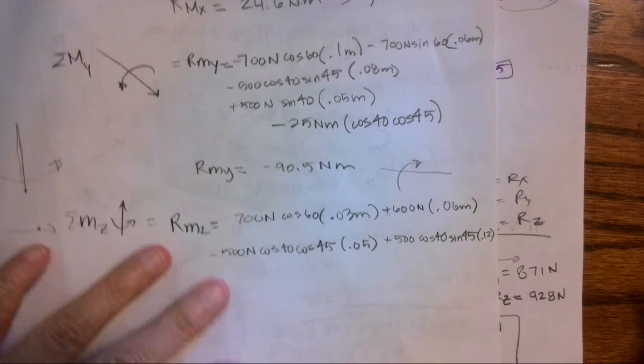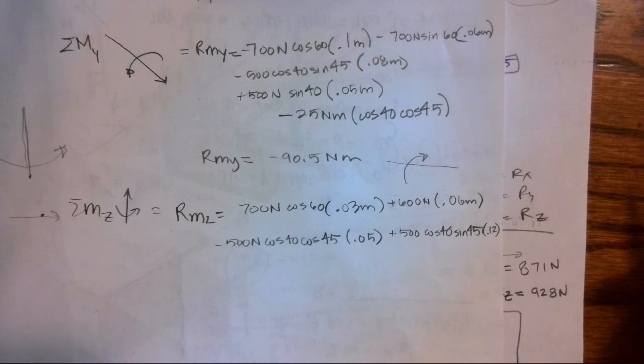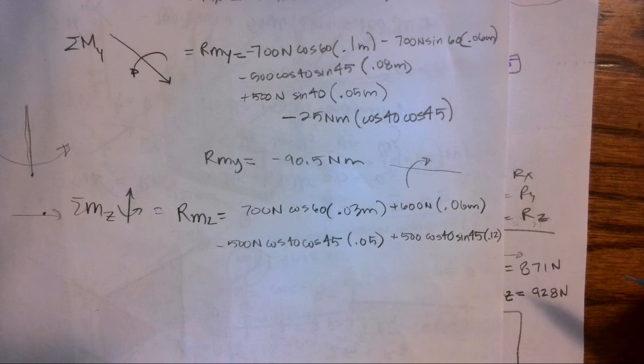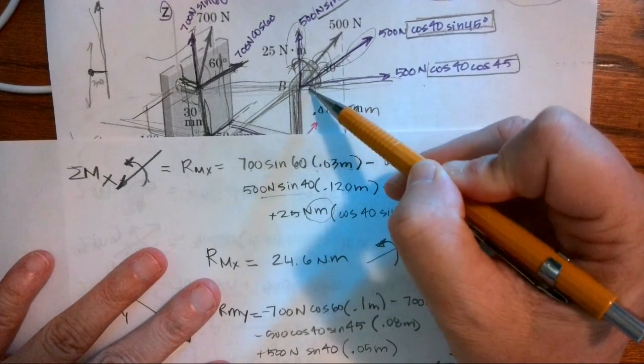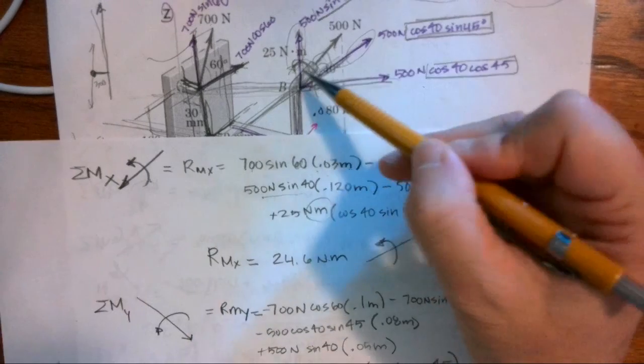That's the x component. So we now need to look at the z component of this moment here, and sine 40.